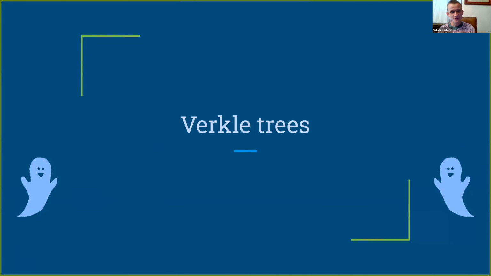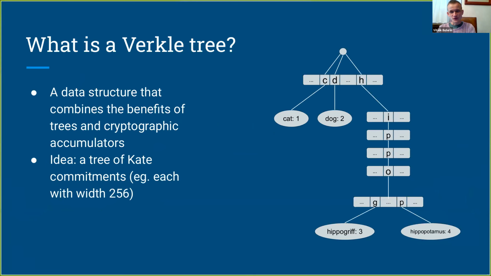Okay, so Verkle trees. Starting off, what is a Verkle tree? The high level idea here is that it is a data structure that serves the same function as things like Merkle trees and Merkle Patricia trees. And it tries to combine at least some of the benefits of trees and cryptographic accumulators.